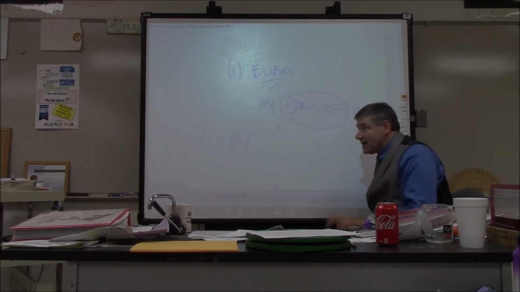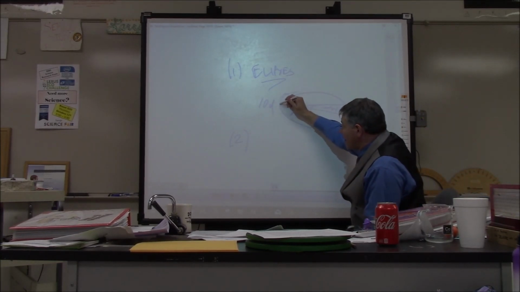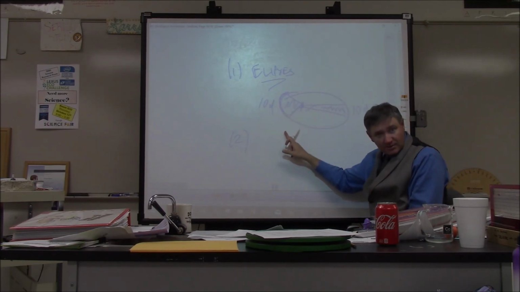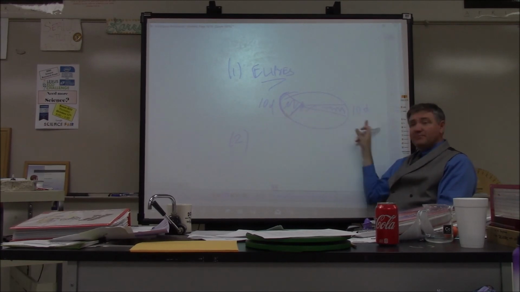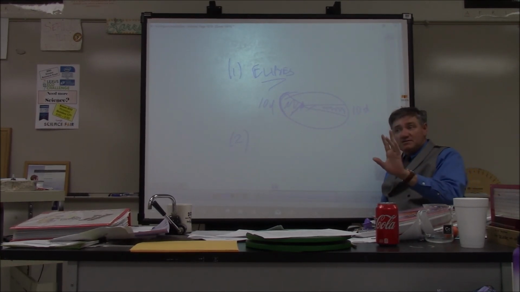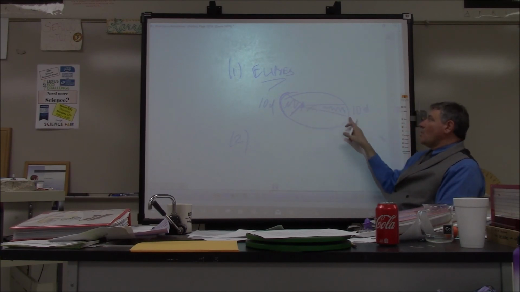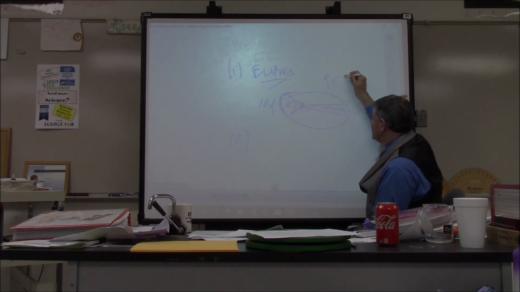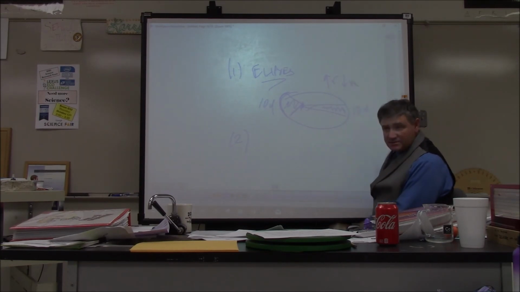Now, the only way that can happen is if you have a bigger arc length. You have a shorter radius, so you have to have a bigger arc length. Out here, you have a bigger radius, so you have a smaller arc length. Here's all you need to know about the second law: when it's farthest away, with a bigger radius, you're moving slower.